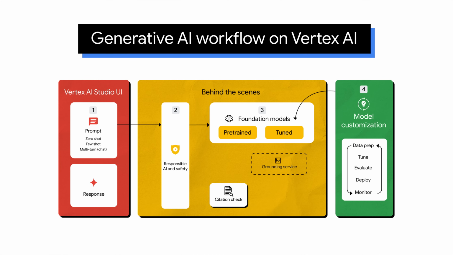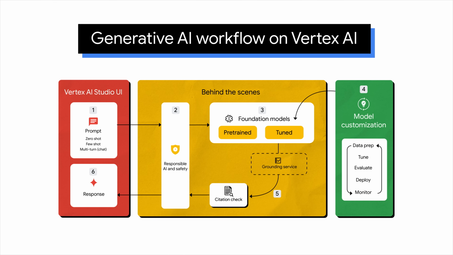Model customization. Optionally, customize Gen AI models to fit your data and use cases by further tuning them. Results grounding. Gen AI models return results that undergo grounding and citation checks to prevent hallucinations. Final response. The final response appears on the Vertex AI Studio UI after a final check through responsible AI and safety measures.